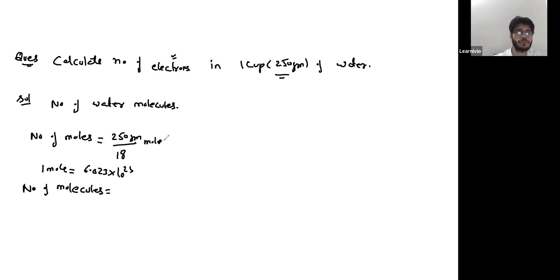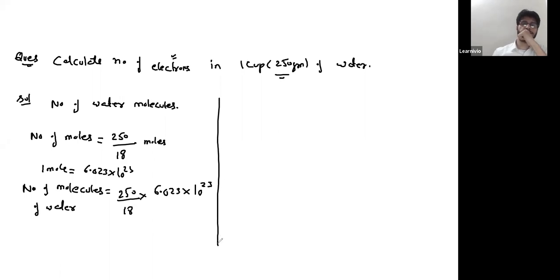So using the unitary method, 250 by 18 multiplied by 6.023 into 10 raised to the power 23. Is it clear? Yes, sir.